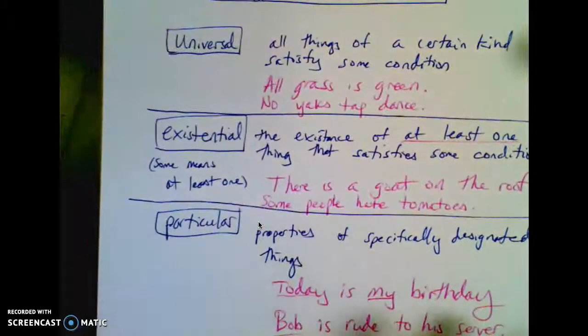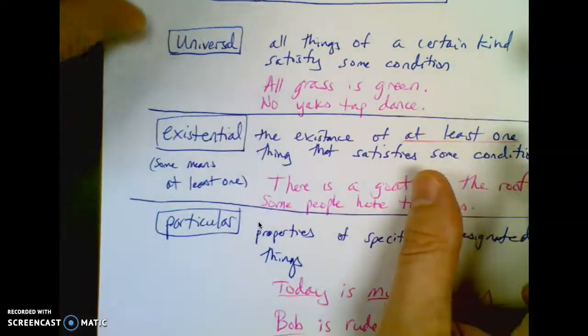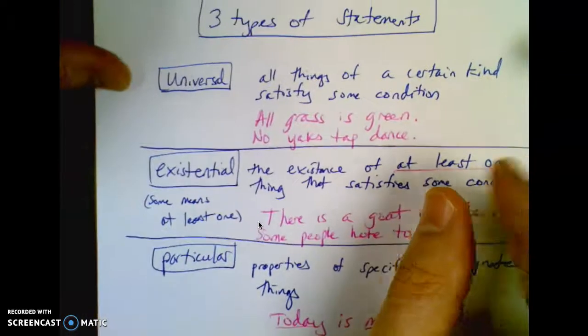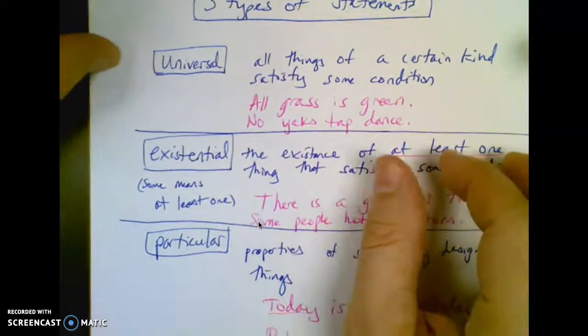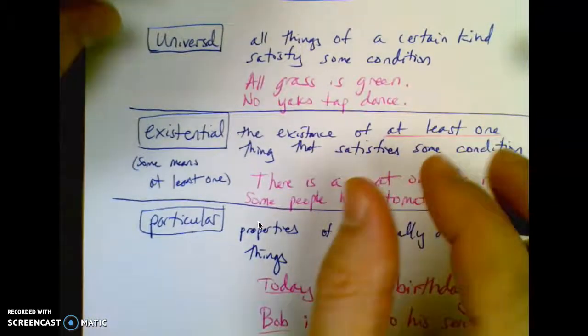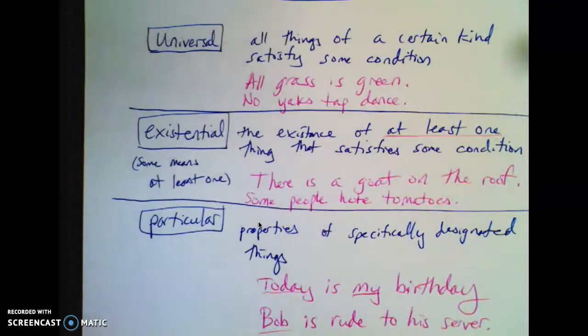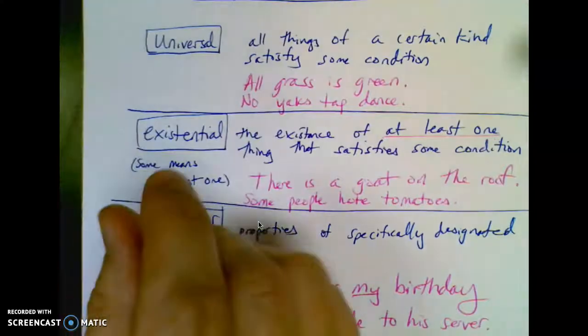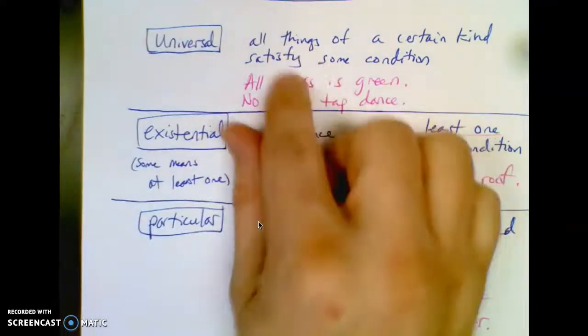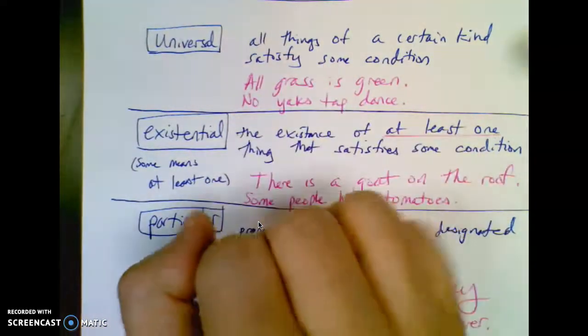So just to recap, statements are a sentence that is either true or false, and we already know you can't cheat and say you're like between true and false, and you can't say it's both true and false. And then every statement has to fit into one of these three categories. It's either universal, where you talk about everything or nothing.